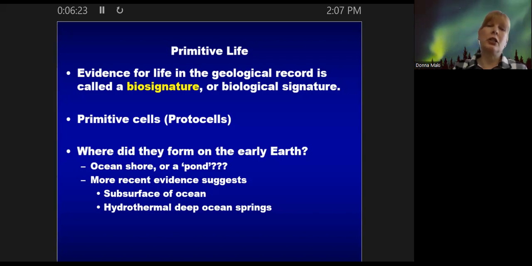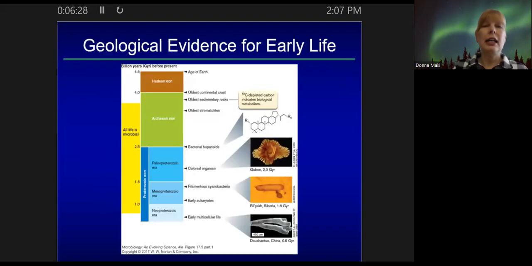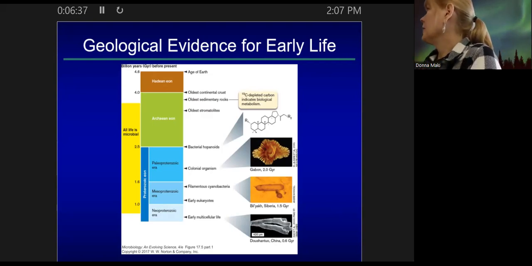So it's shifted. When I was an undergrad, it was the ocean shore. Now it's deep in the ocean. And the evidence keeps accumulating that it's deep in the ocean. So far anyways, that's the most logical idea currently.